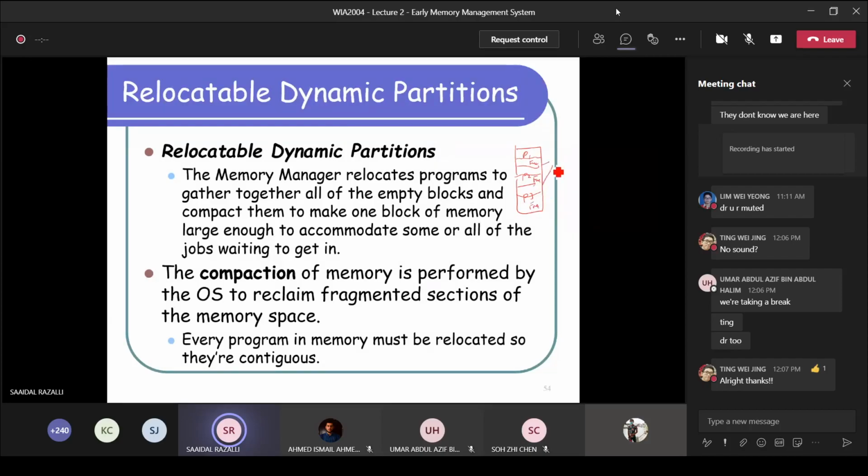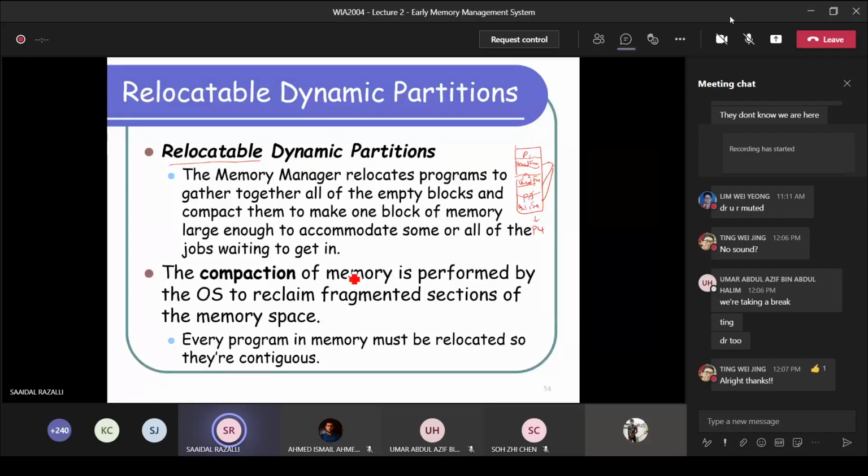You want to combine all of these: gather all the empty blocks together and compact them to make one block of memory, maybe partition 4, large enough to accommodate some or all of the jobs waiting to get in. So this is relocatable dynamic partitions.